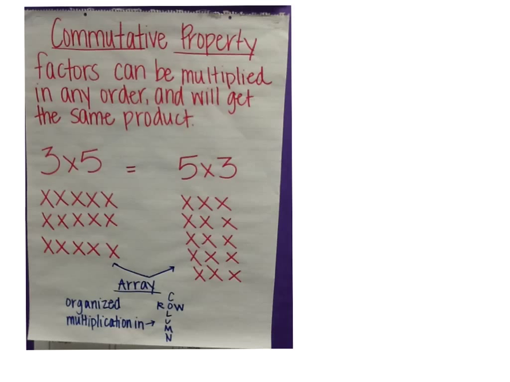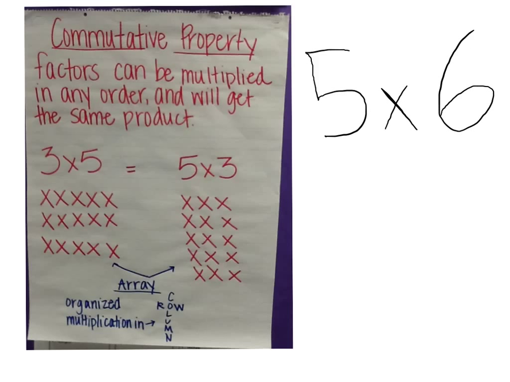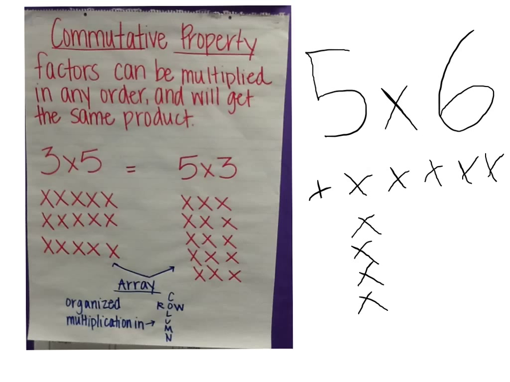For example, 3 times 5, 3 groups of 5 in each, is equal to 5 groups of 3 in each. Let's try 5 groups of 6 in each group. So 5 rows of 6 in each row.